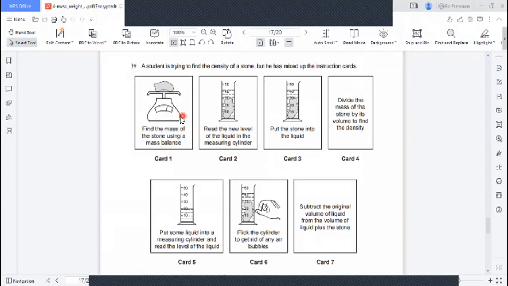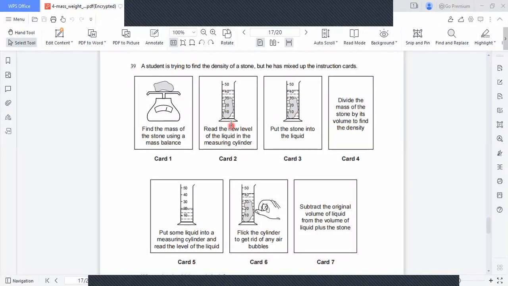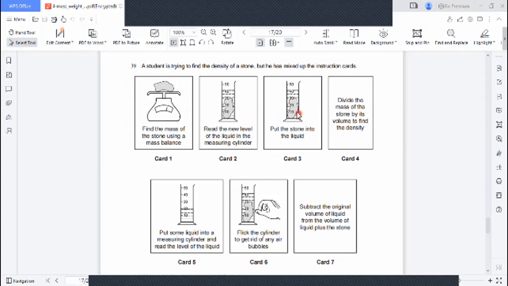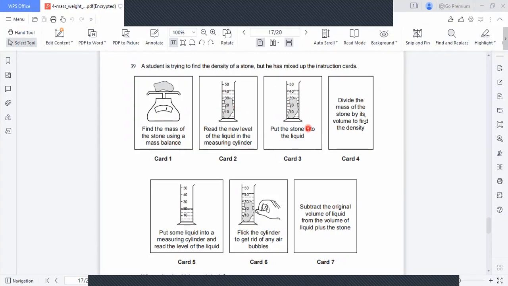First you find the mass of the stone, then you put the stone into the liquid, and then you find out how much the volume has increased. Then you divide mass by volume to find the density. These are the original cards.